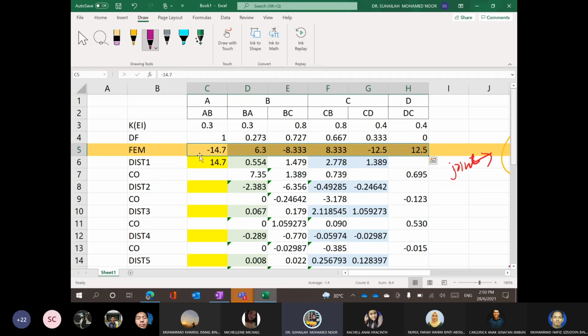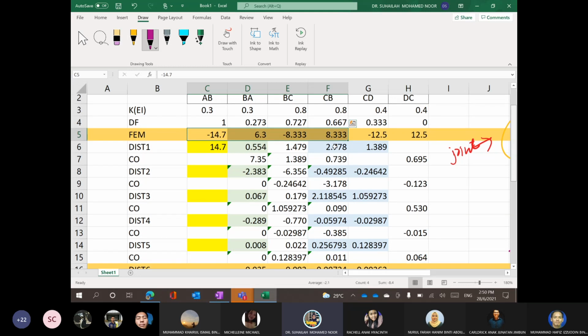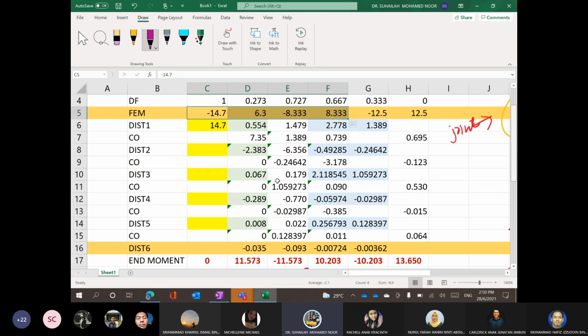Due to settlement, we will have the new value of FEM considering external loading as well as settlement. Whenever you change this value, the Excel will automatically give you the new value after considering the settlement in this beam. Can you do that?